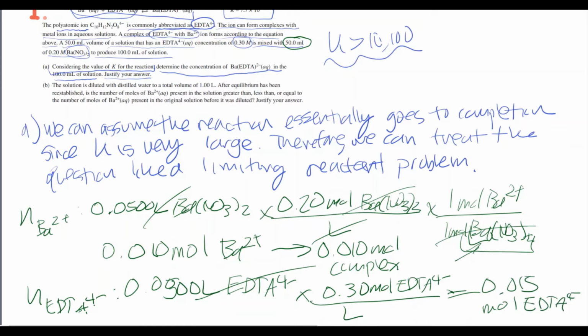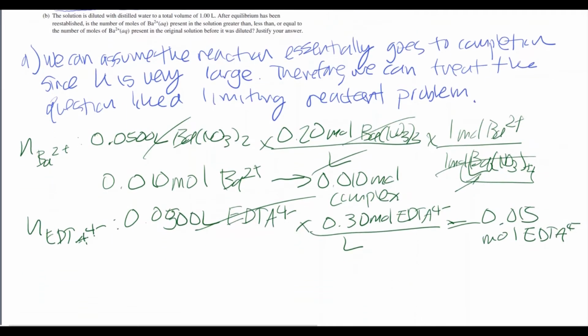And since the reaction is 1-to-1, we know that we can produce a maximum of 0.015 moles of the complex.